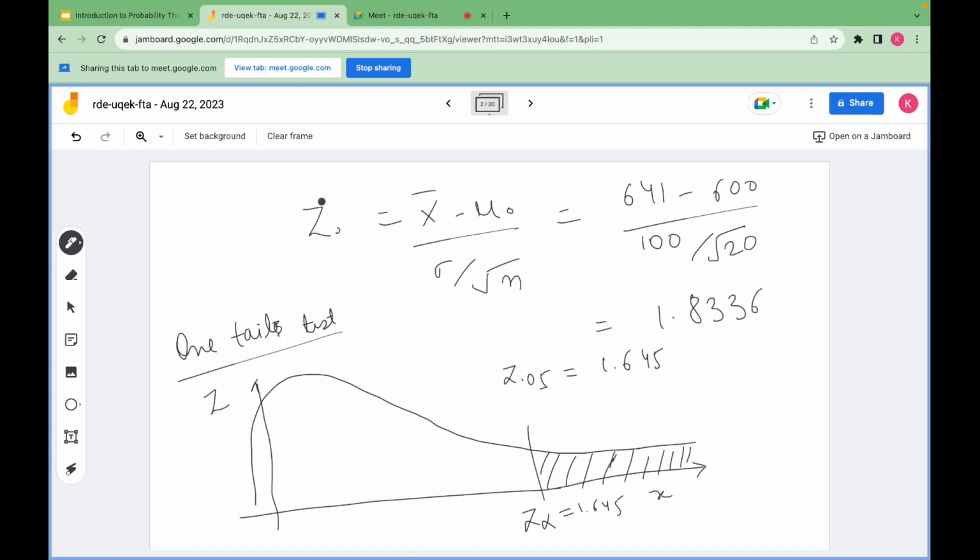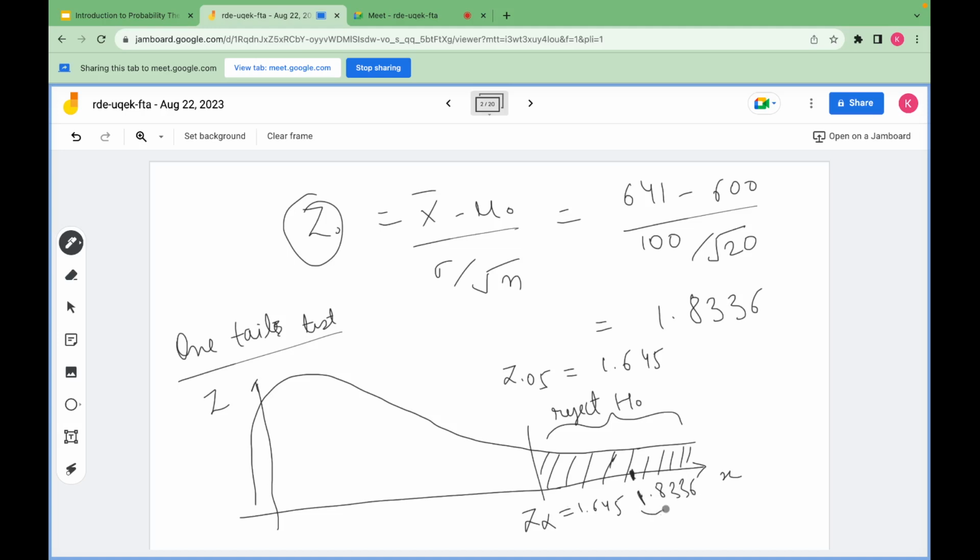If our Z0 lies in this area, then we need to reject our null hypothesis. As we can see, this Z0 is somewhere here, 1.8336.